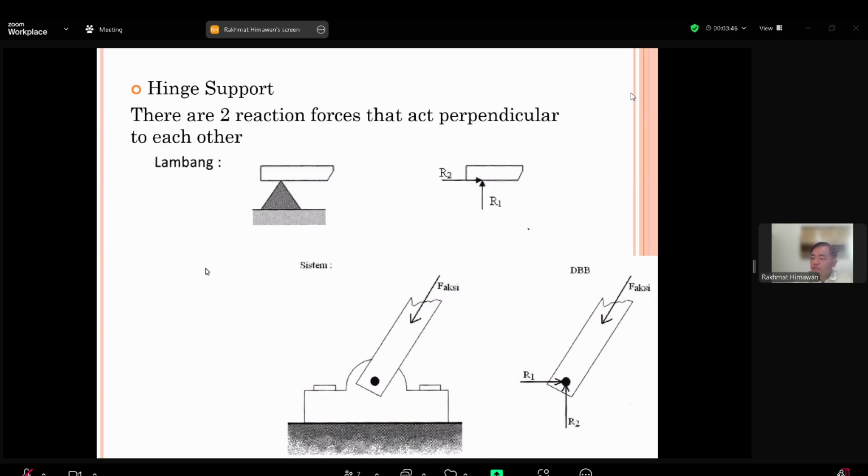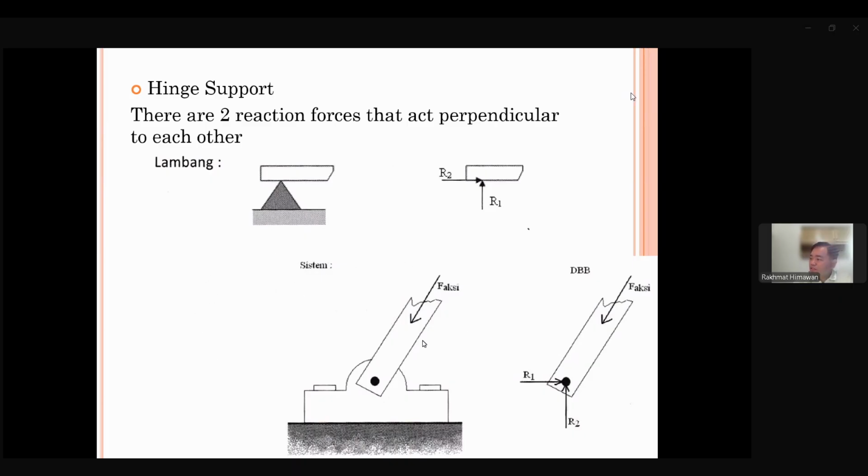Hinge support, two. Why two? Because in here, this rod can still rotate, right? So in order for this joint, this support point, not to move, it has to have a reaction in both X and Y direction.